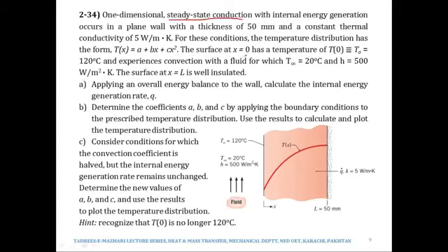The surface at x equal to 0 has a temperature of 120 degrees Celsius. So the surface at this face is at 120 degrees Celsius, and at this point x is 0. This problem is a little bit different from the previous one, in that in the previous problem x equal to 0 was at the mid plane of the wall, whereas in this case it is not.